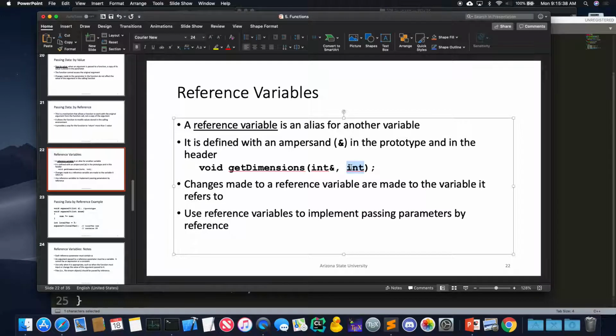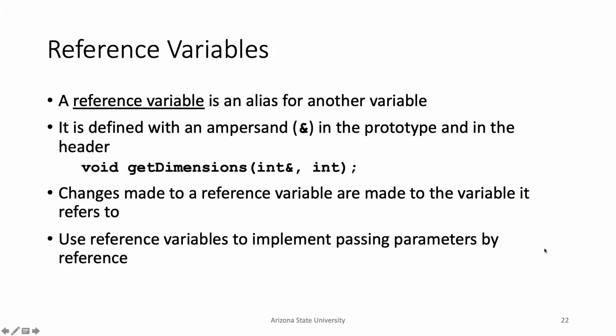If the integer is 4 bytes, the reference is in fact also 4 bytes. So you're not really gaining anything by putting a reference on an integer, unless you want to modify the original. In some contexts it makes sense to have a reference variable, and sometimes it doesn't. It really depends on the scenario that you're working with.